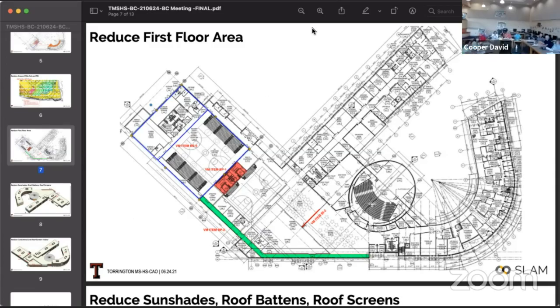So Ally just brought up the presentation from last meeting. Thank you, Ally. That green corridor is what we were talking about first, the $700,000 savings to the project. That corridor would be from the high school wing, and this is the high school dining hall, that the high schoolers would follow that green path to get to their gym.